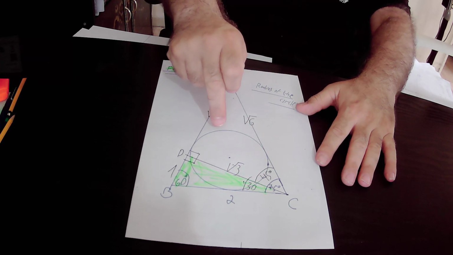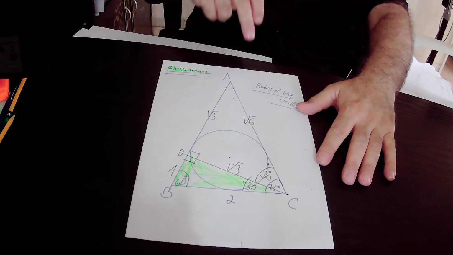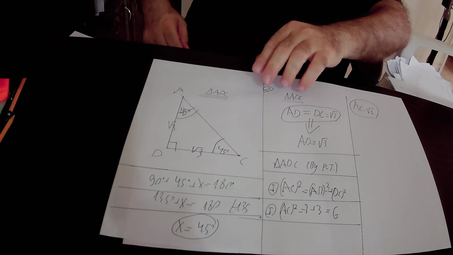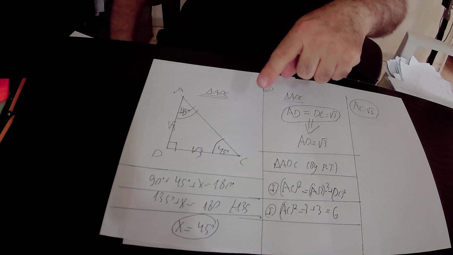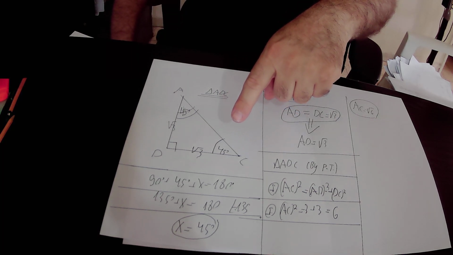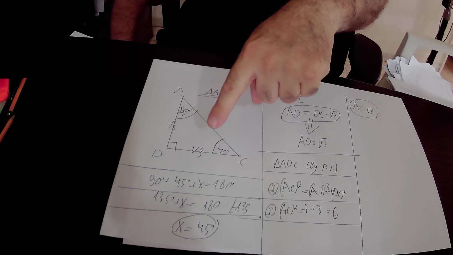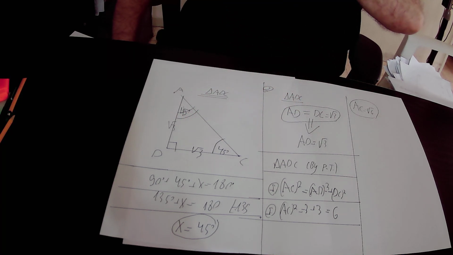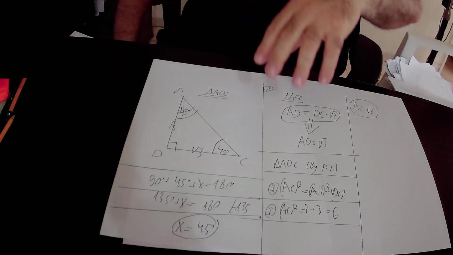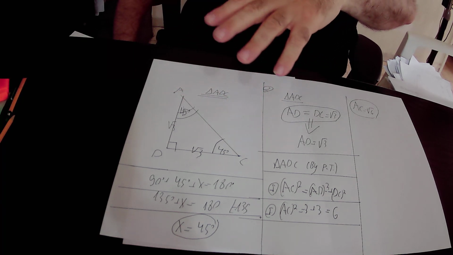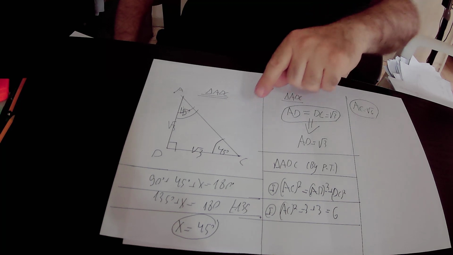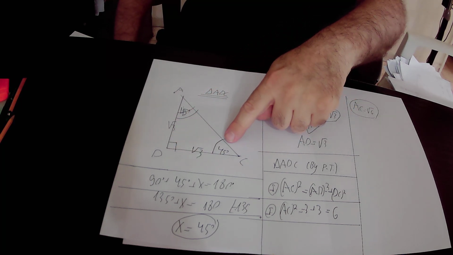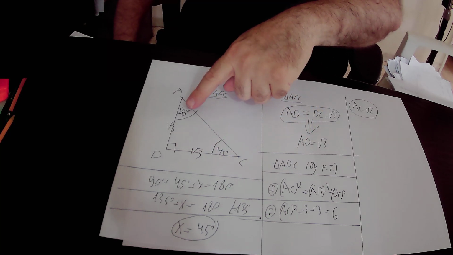Then I copied the right triangle ADC in a new page, and we analyze triangle ADC. In triangle ADC, we have this angle equals 45 degrees, and side DC equals square root of 3 units. So we know that the sum of the angles in the right triangle ADC is equal to 180 degrees. That is to say, this angle equals 90 degrees, this angle equals 45 degrees, plus the missing angle.